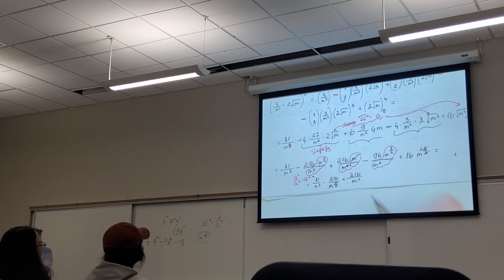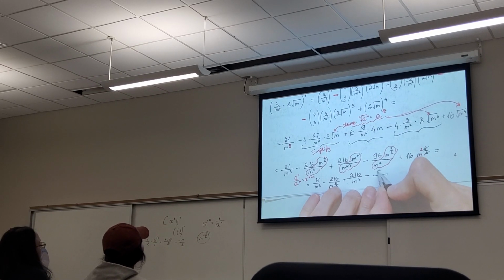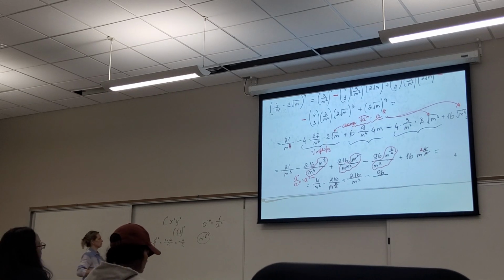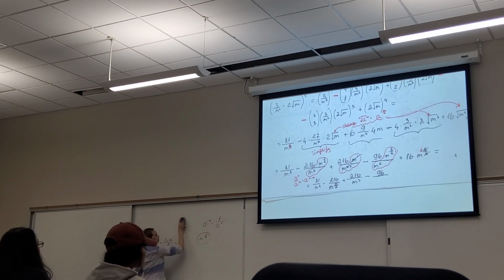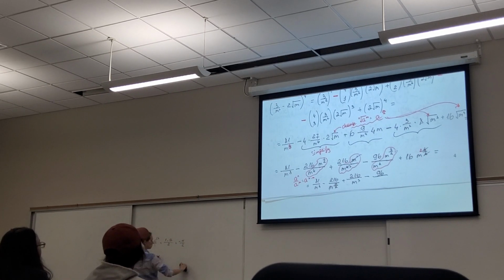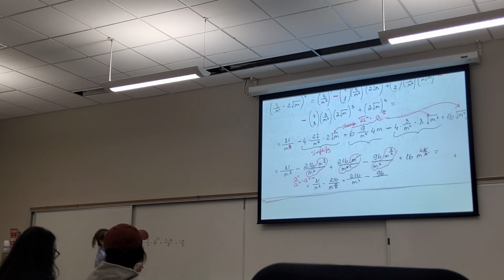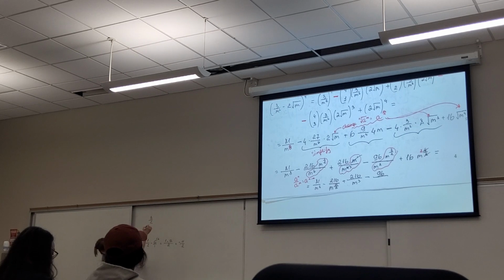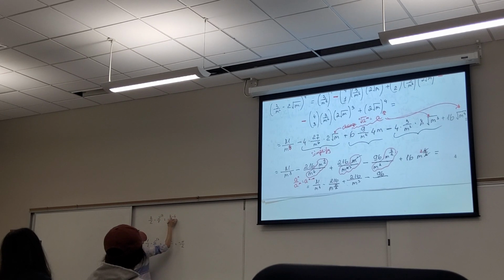Now I have negative 96. And I'm going to do the same on the board. I will subtract. We have m to the power 3 over 2 minus 2, correct? Yes? So we need to multiply this times 2, gives me 3 minus 4 over 2, gives me negative 1/2.